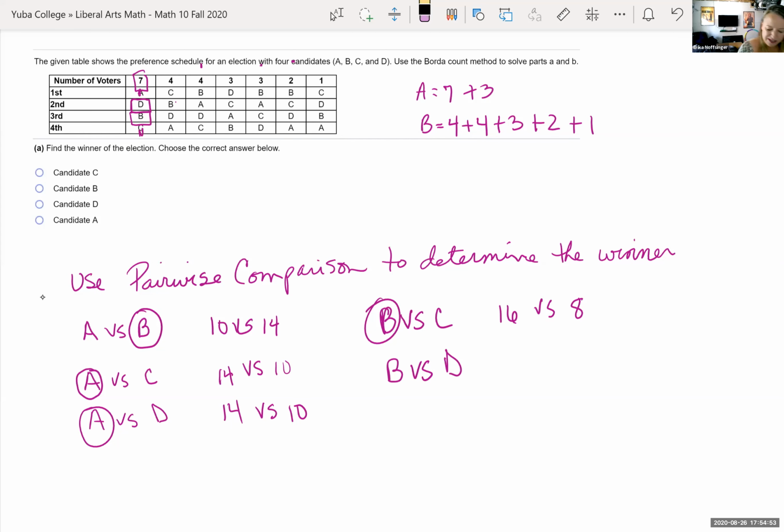To me, it's easier if I cross out the ones I'm not looking at and I can see who is higher on the list. So here we're getting rid of A and C. We're just doing B and D.